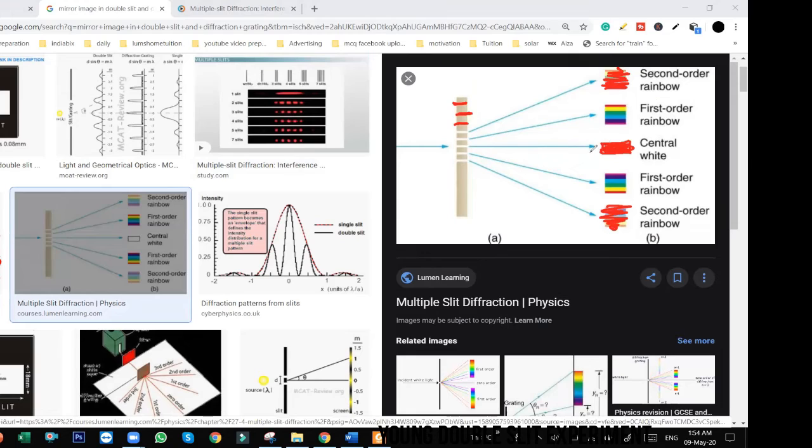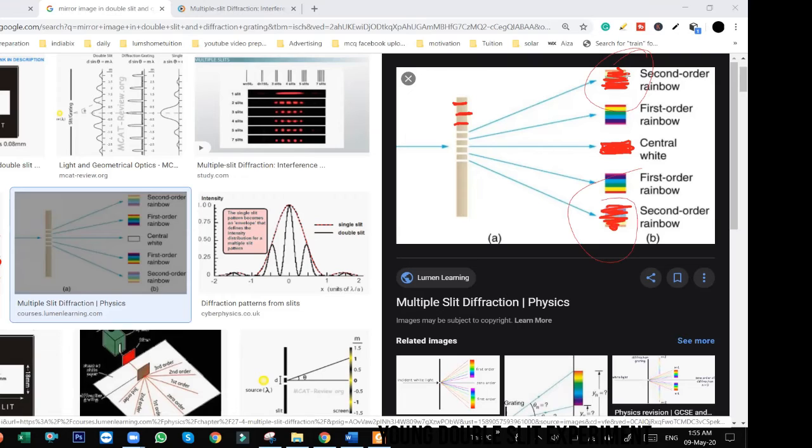Why do you get bright light in diffraction? Yes, I am discussing that on the whiteboard. The question is why I am getting bright light at the center point. Why are you getting bright light there in the second order, and here? Here that is not too bright.